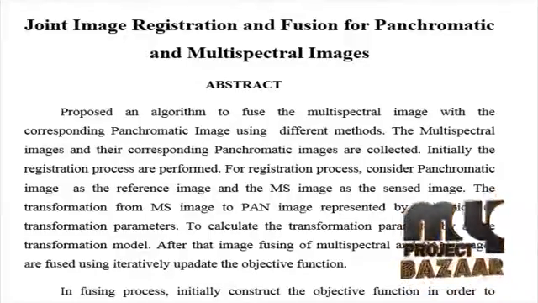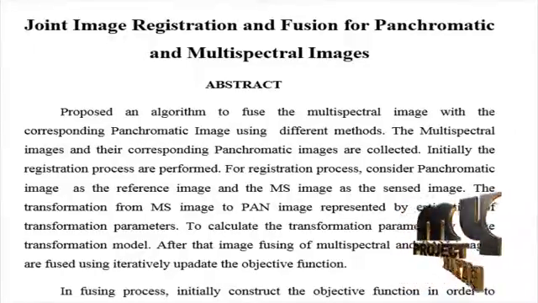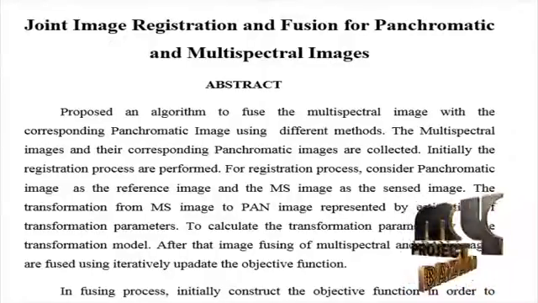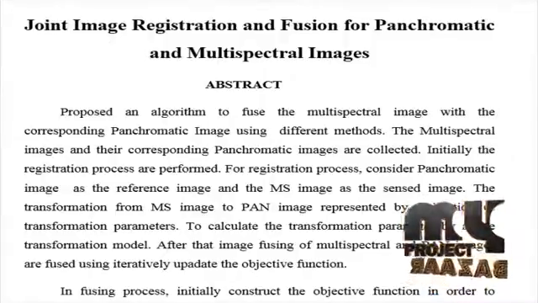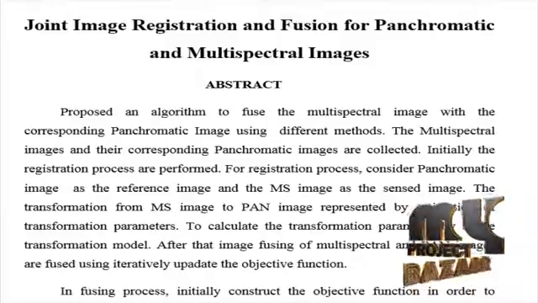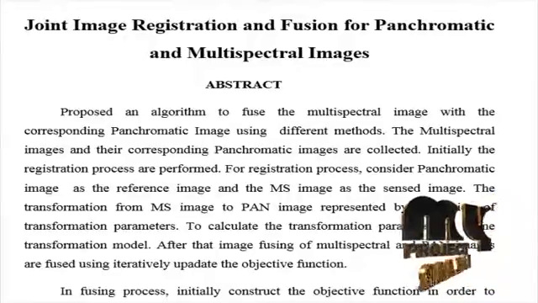The transformation from the MS image to the pan image is represented by estimation of transformation parameters, calculated by the affine transformation model. After that, the multispectral and pan images are fused, iteratively updating the objective function. In the fusing process, initially construct the objective function.